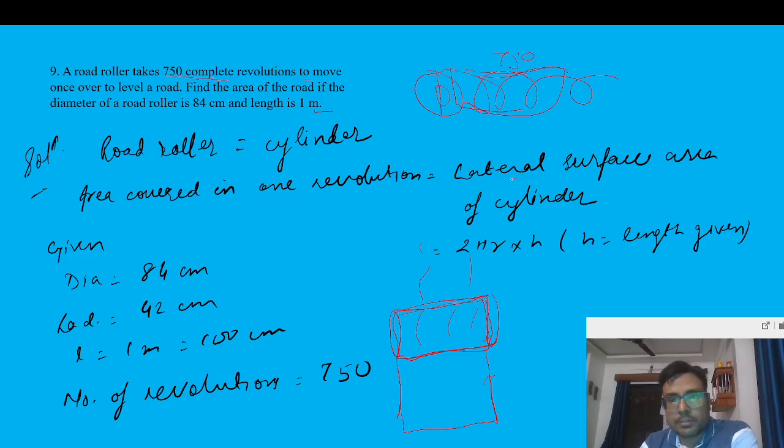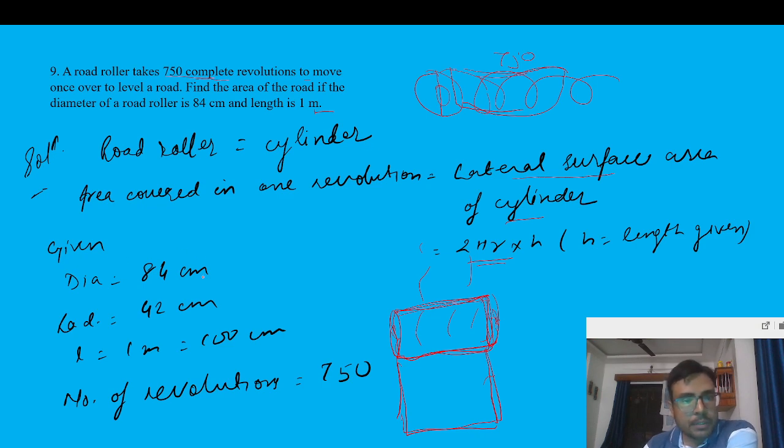This is the lateral surface area of the cylinder, and the lateral surface area makes a rectangle. Okay, so this side part doesn't contribute in making the road. This curved part of the cylinder moves on the road, so that is the lateral surface. So it will be 2 pi r h.